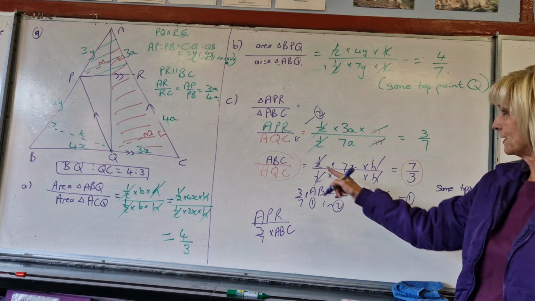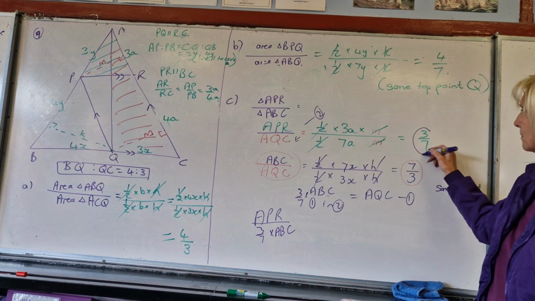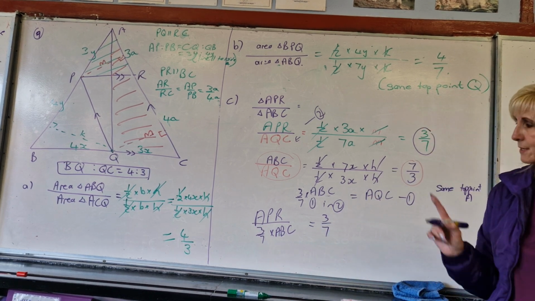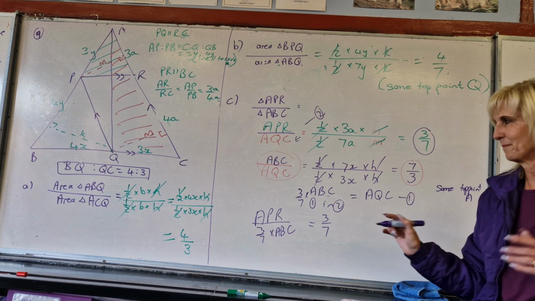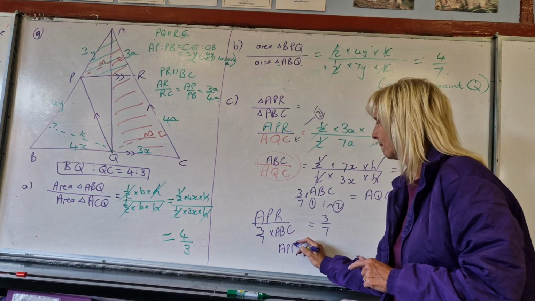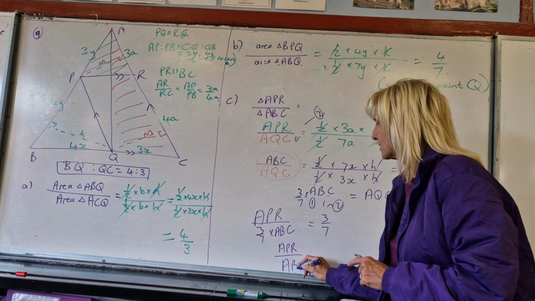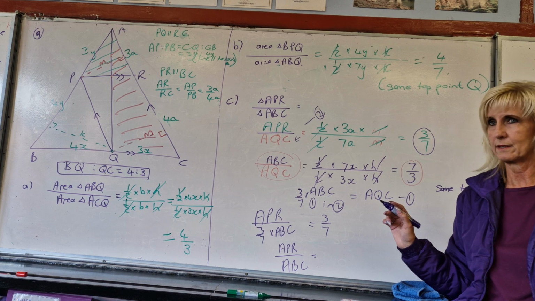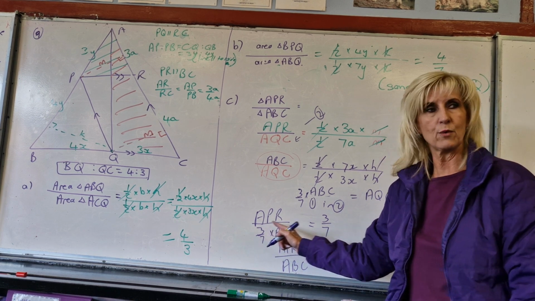Okay? But this answer was equal to 3 over 7. Last step of the sum. I want APR and ABC on top of each other. So what do I do to get that away? Oh, it cancels out. No, it doesn't. How do I get that 3 over 7 away?